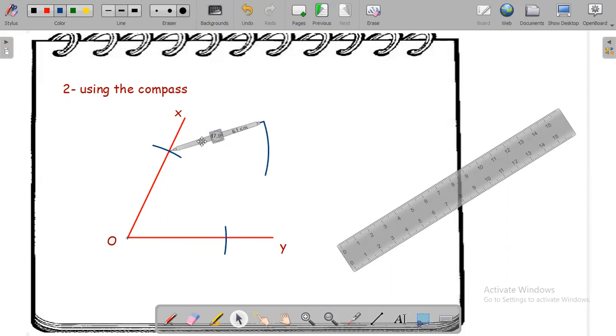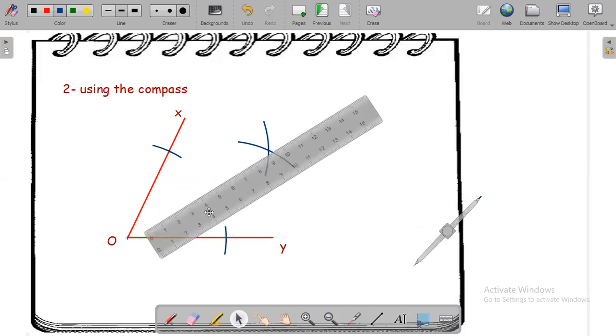Then we take the compass and we put the tip on the other arc of the other arm. We don't change also the radius of the compass and we draw here in the middle another arc. These two arcs meet or intersect in the same point.